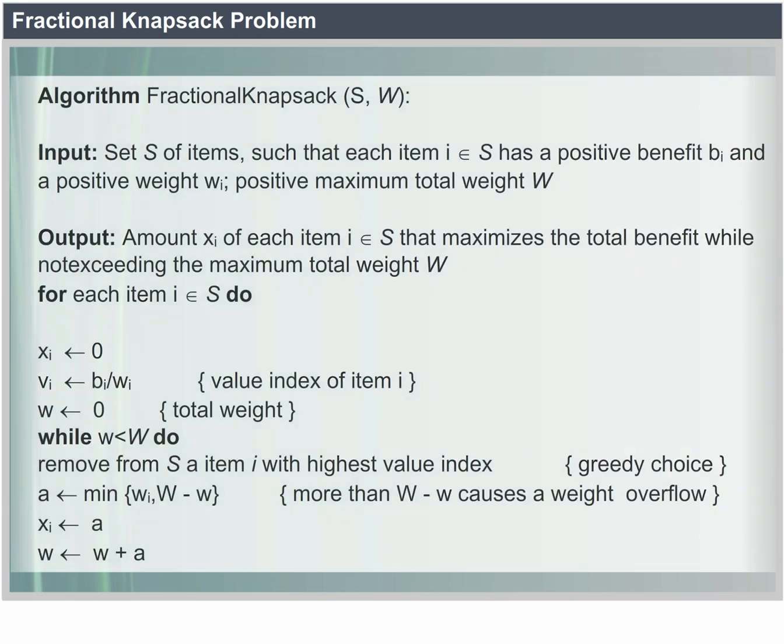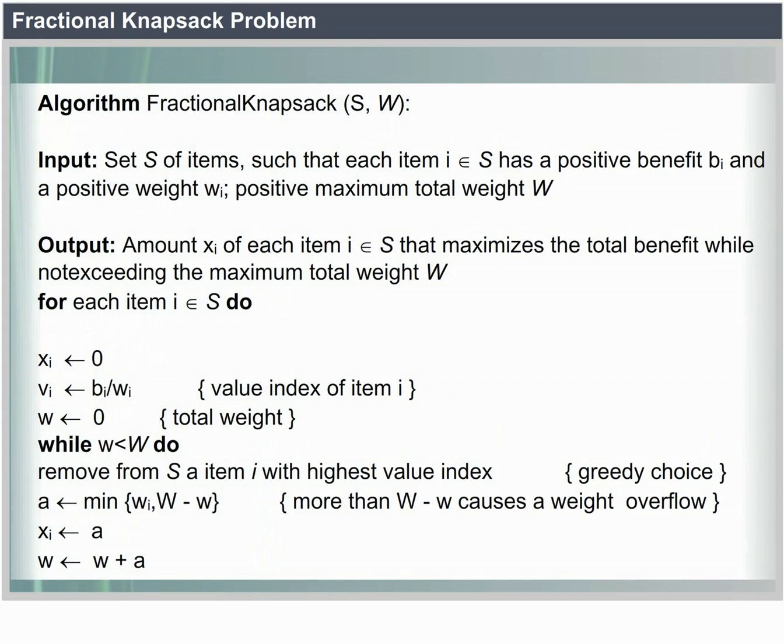Algorithm: fractional knapsack. Input: set S of items such that each item i in S has a positive benefit b_i and a positive weight w_i, and a positive maximum total weight W. Output: amount x_i of each item i in S that maximizes the total benefit while not exceeding the maximum total weight W. Then the procedure is shown here.